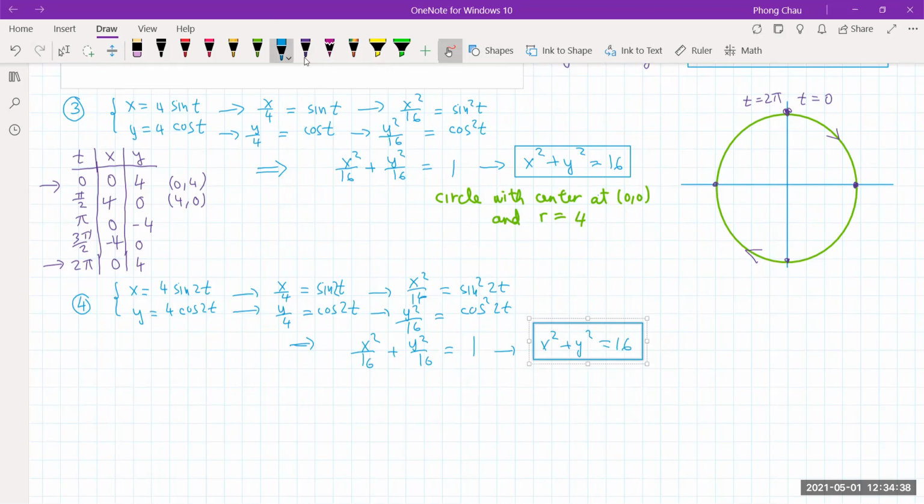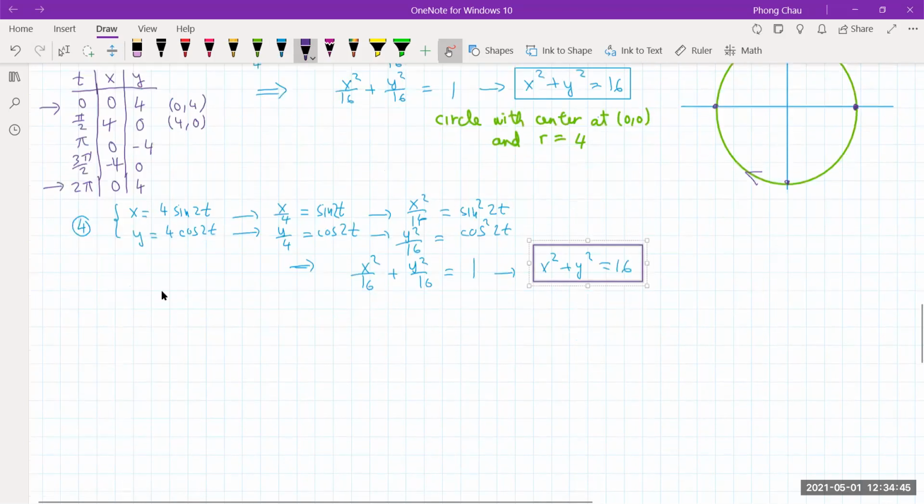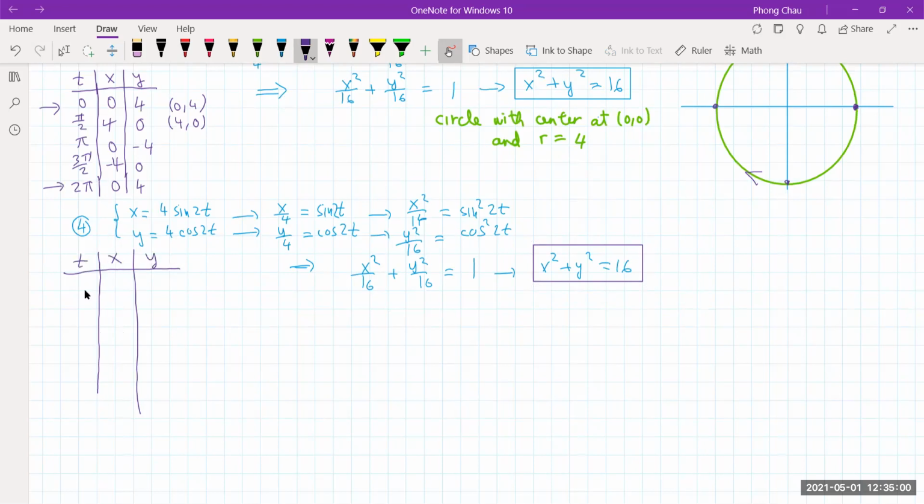However, the difference is, again, the orientation and other aspects. If you draw the table like we have done with number 3, you'll see it's a bit different now: t, x, and y. Now at 0, we plug in here, sine of 0 is 0.